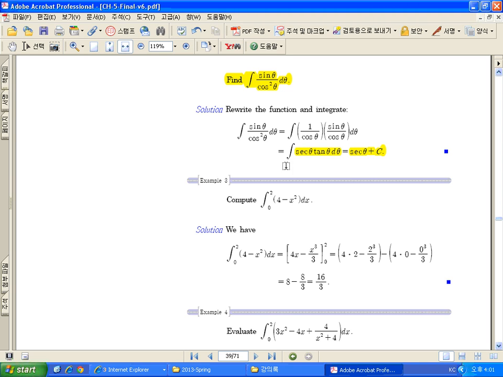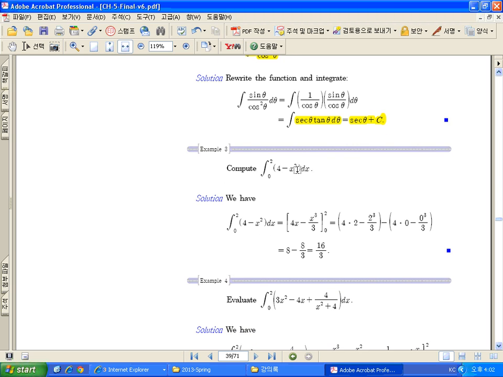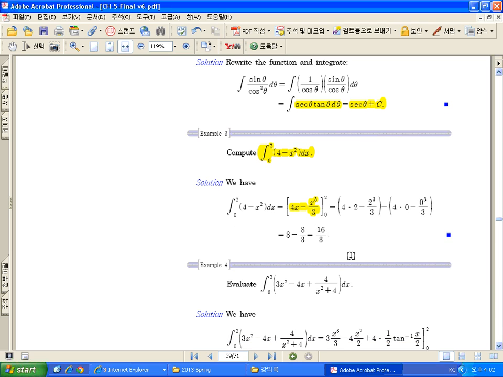So we can easily find the antiderivative of the given problem, and we can easily do the computations. This is one of the simplest examples that we have seen.